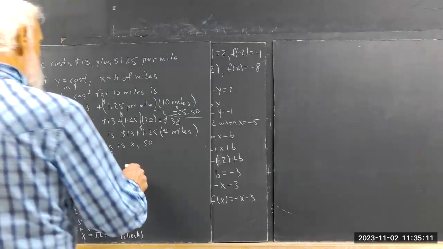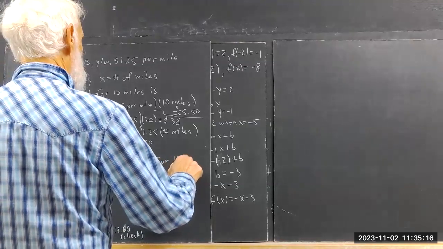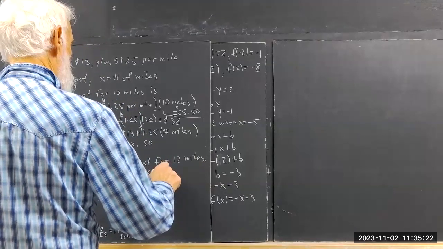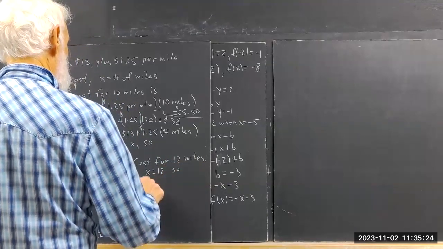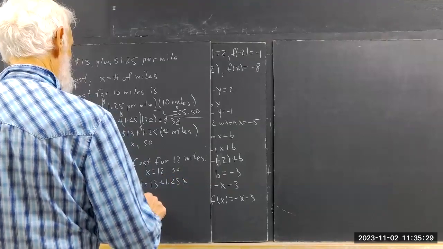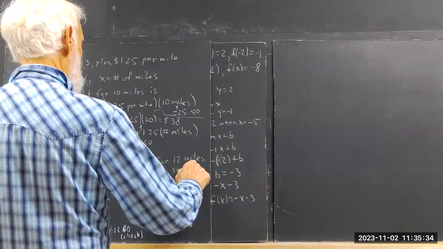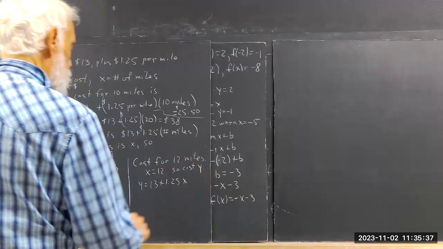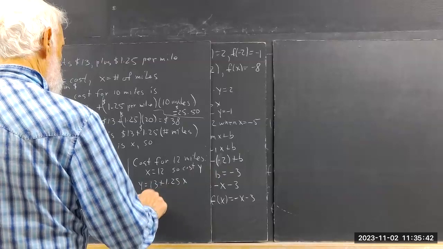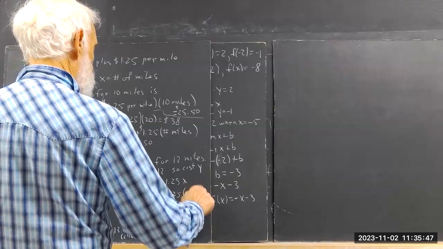Cost for 12 miles. So find the cost Y. It'll be 13 plus 1.25 times 12.